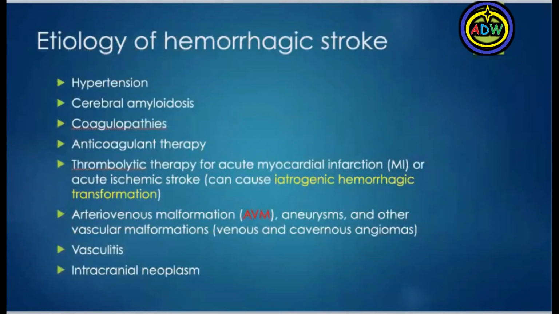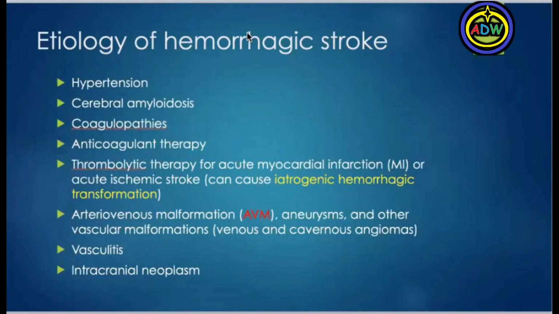Etiology of hemorrhagic stroke. Previously, in the first lecture, we discussed risk factors of stroke, modifiable and non-modifiable risk factors. As you remember, non-modifiable risk factors include race, age, sex, ethnicity, and heredity.